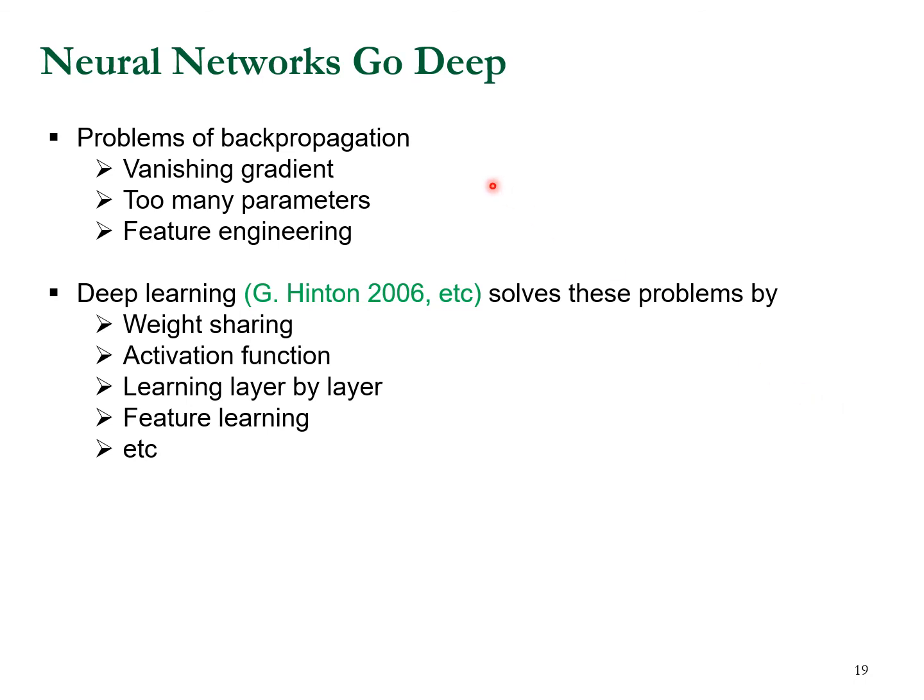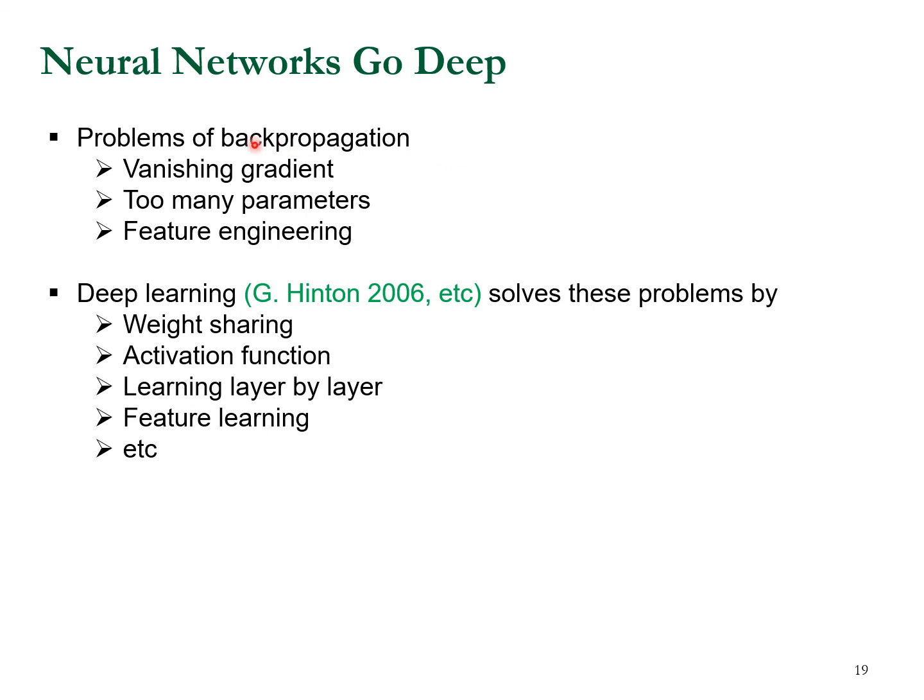But in spite of its popularity, backpropagation actually has some problems, and because of these problems, recently we don't use backpropagation anymore. We use something else like SVM or deep learning.